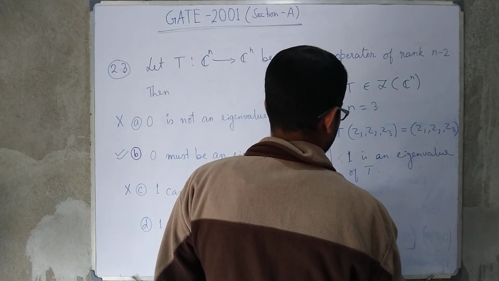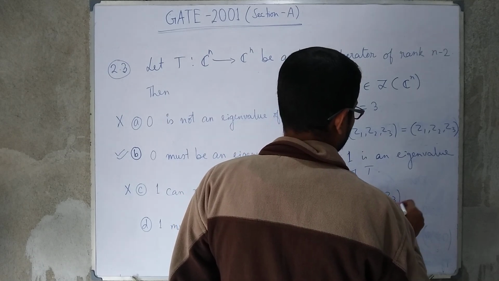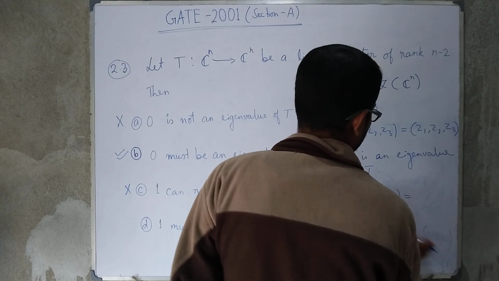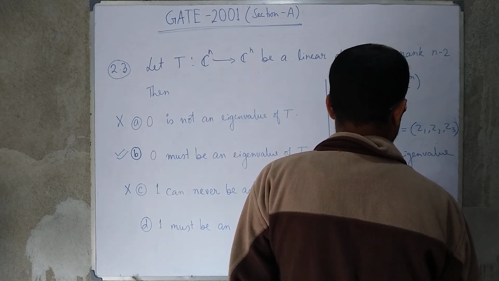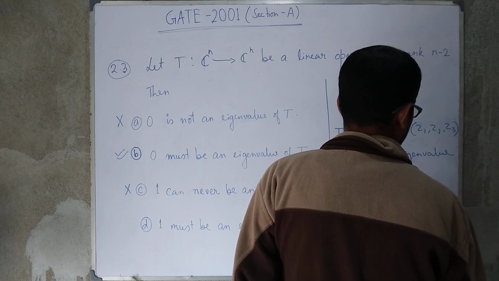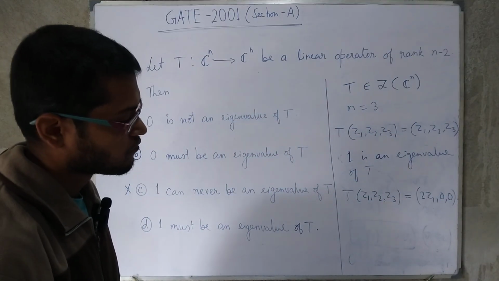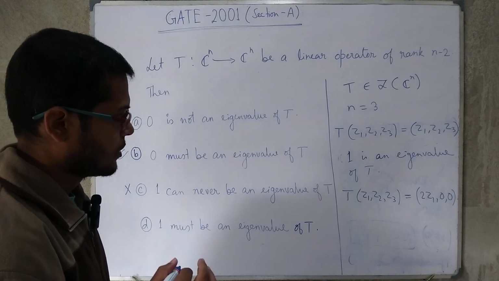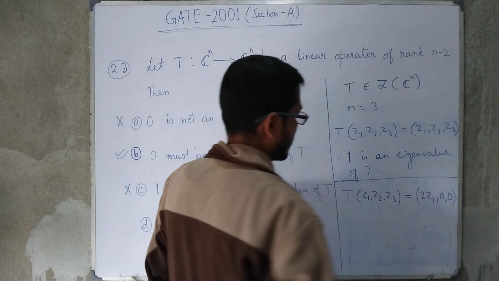If you take T(Z1, Z2, Z3) equals (2Z1, 0, 0), we have to check whether 1 will be an eigenvalue of this T or not.